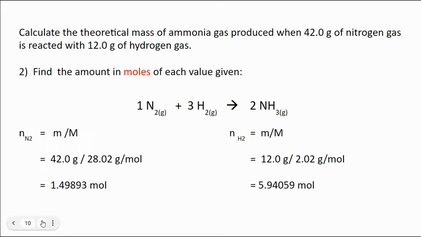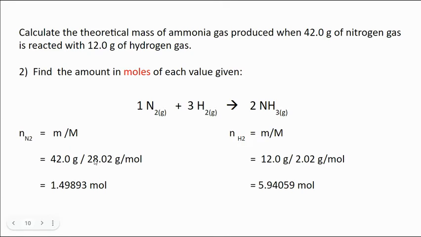Okay, step number two. So this is a really good review of limiting reactant. We're going to calculate the mass of ammonia produced, but the first thing we're going to do is take each of our reactants and change it from a mass, 42 and 12 grams, into a molar amount. So notice here for nitrogen, it's N2, and I'm getting that directly from the chemical in the equation.